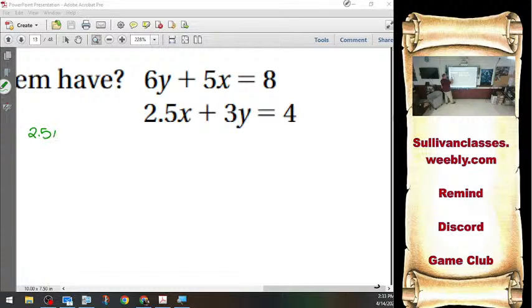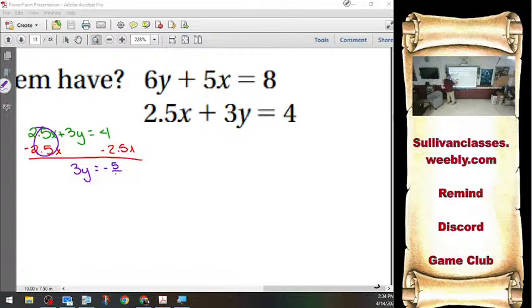So if I have 2.5x plus 3y is 4, and I want that by itself, I start by subtracting 2.5x from both sides. So I have 3y is, what is 2.5 as a fraction? Now the reason I do that is because when I divide by 3, remember, dividing by fractions is easy as pi, flip the second and multiply.